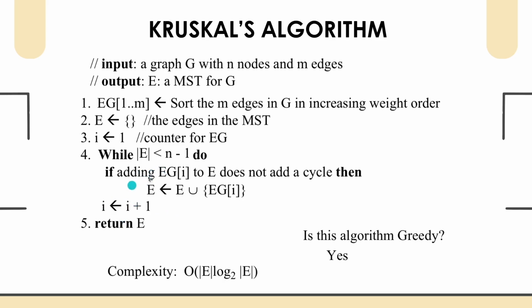We will check if adding an edge from EG to E results in a cycle or not. If so, we do not add that edge to the tree, we will simply discard it. If not, we will add that edge to the edge set E, and then we increment I by 1 and we will repeat this process.